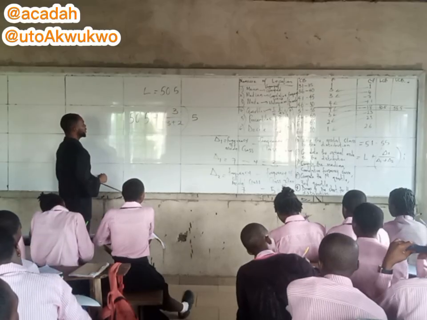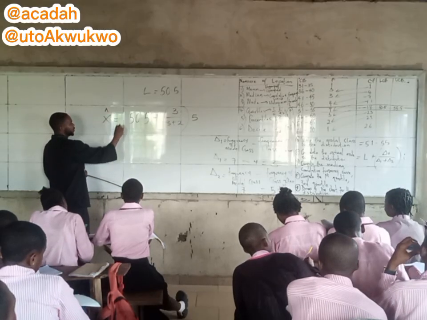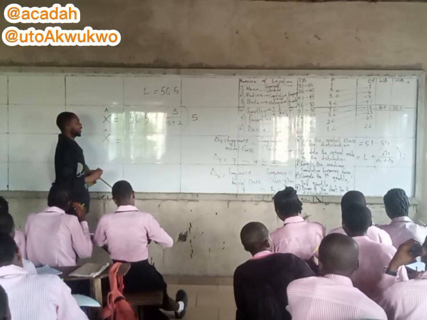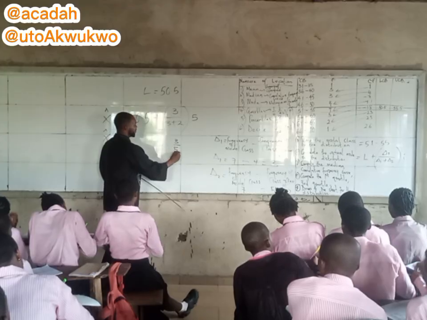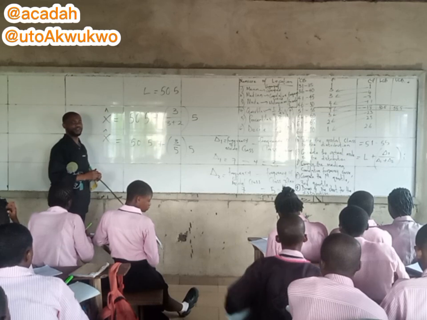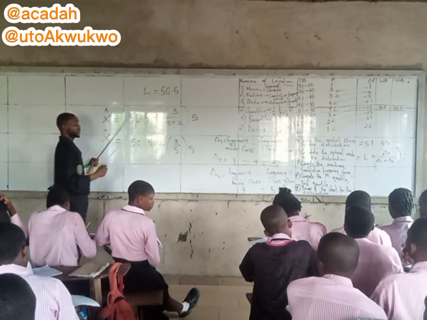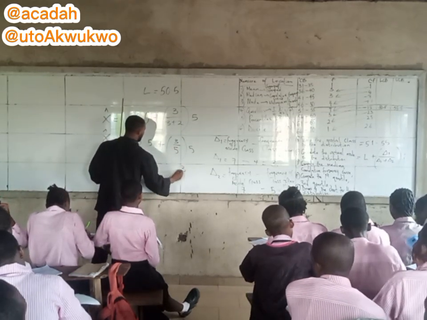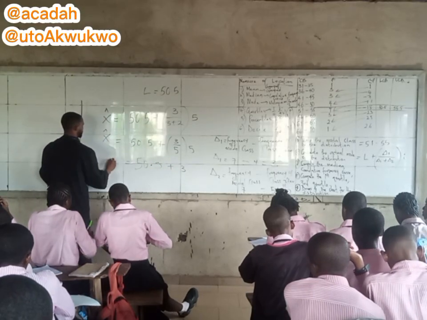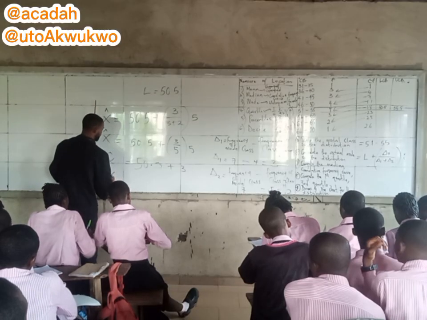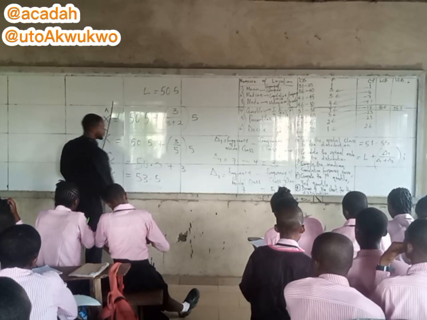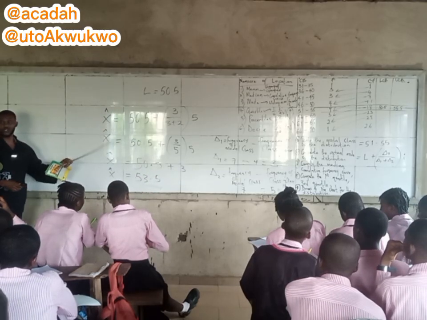So now the mode will be 50.5 plus 3 over 5 multiplied by 5. 15 over 5 is 3. So the mode is 53.5. We have used the formula to find it.